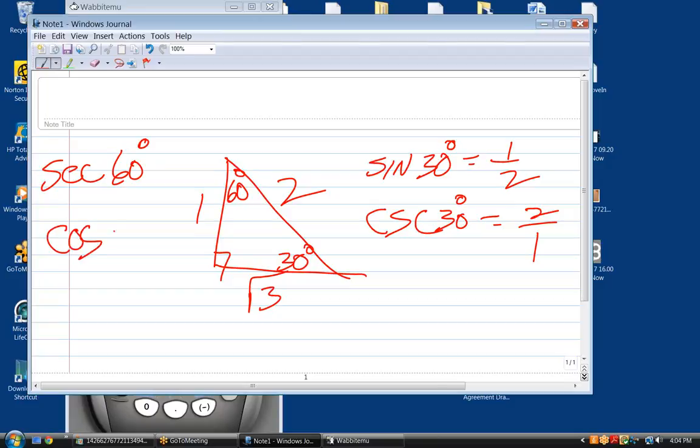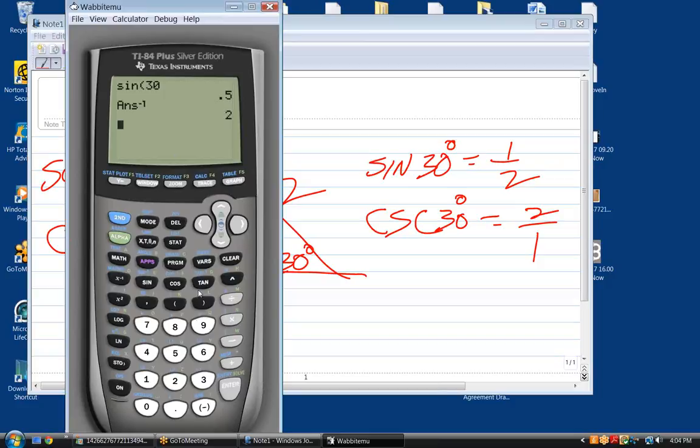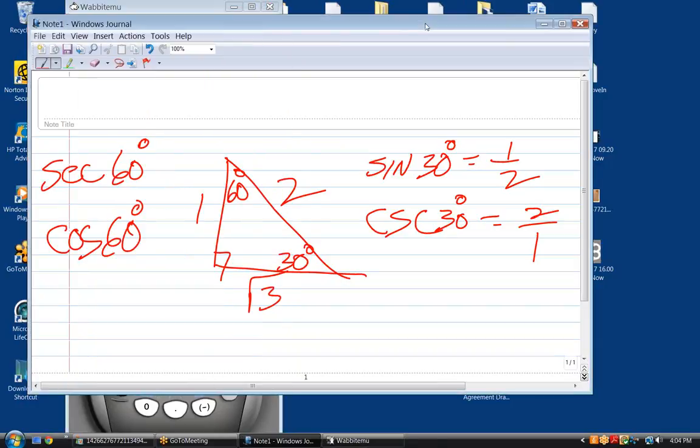Cosine. So let's find the cosine of 60 degrees and take its reciprocal. Well, the cosine of 60 is 1/2. The reciprocal of that is 2. The secant of 60 degrees is 2 also.